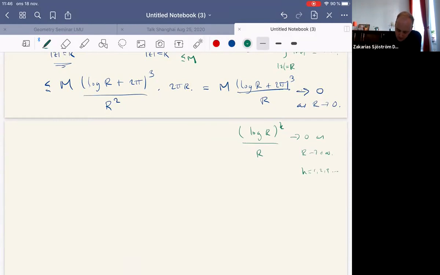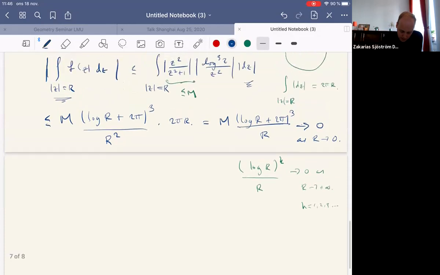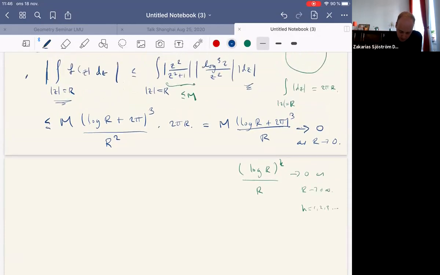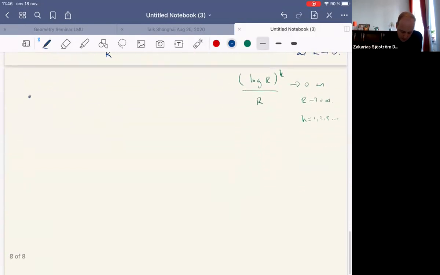Okay. And then the second point: this shows that on the large circle it goes to 0. Then what happens on the small circle?